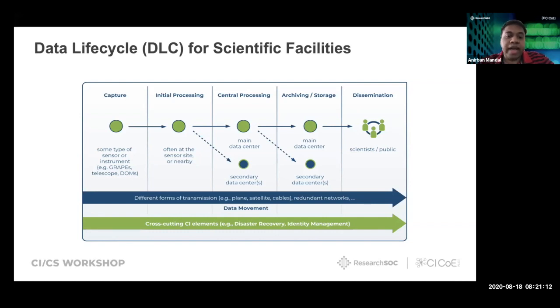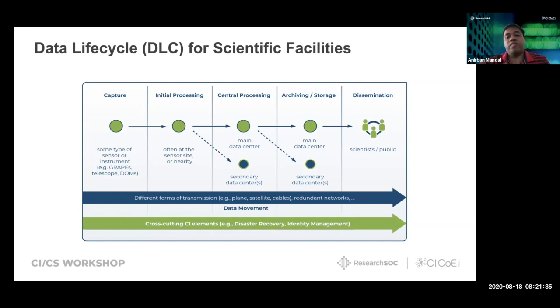And yeah, the other aspect, I think, which I didn't talk about very much, is the whole issue of identity management, right? So how do you know who is accessing a large facility, who has what rights to do what, and you want to make it easier for scientists to access the data repositories, right?